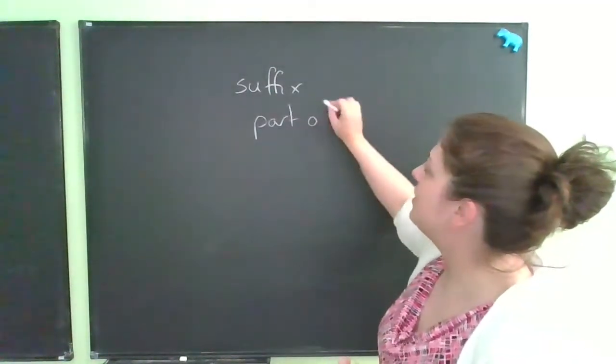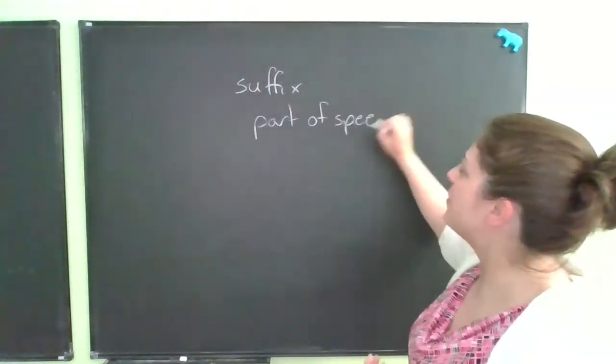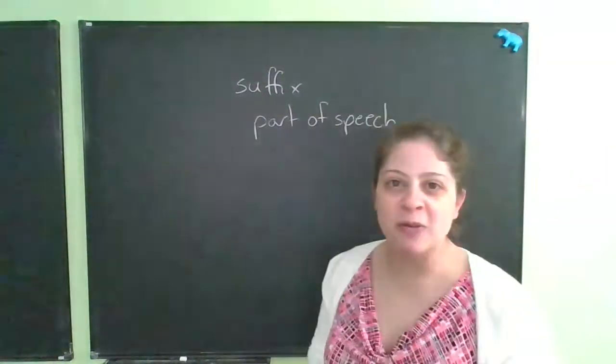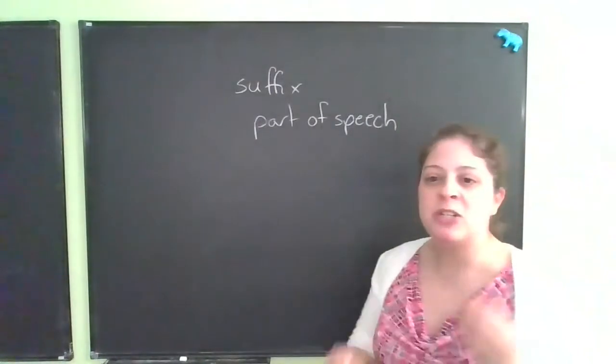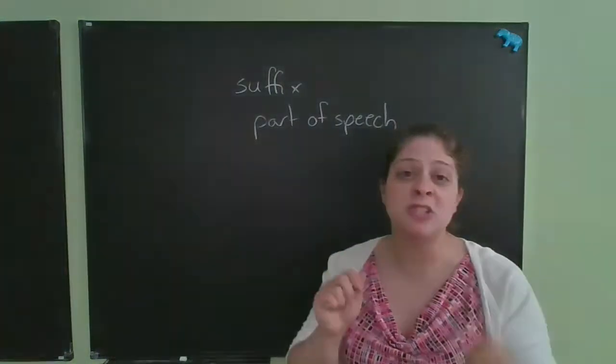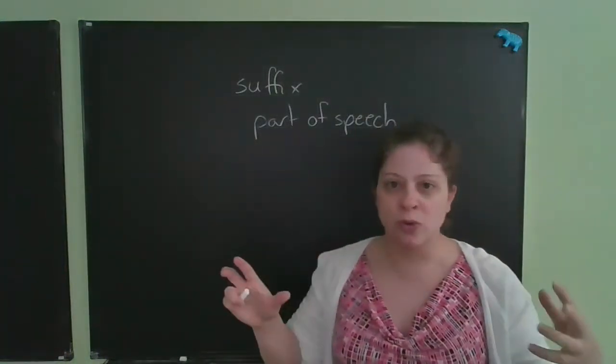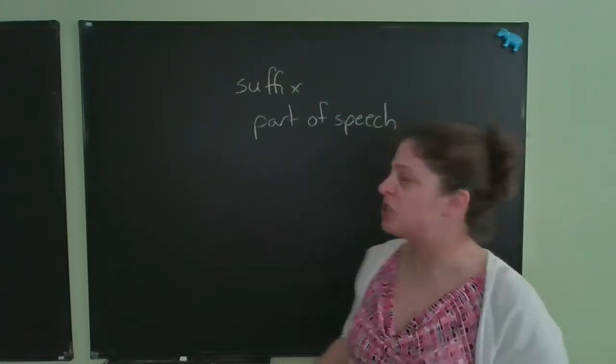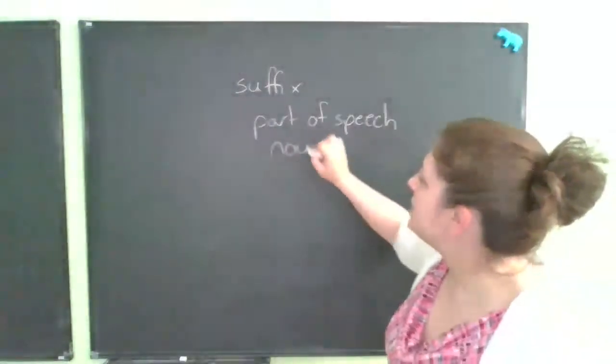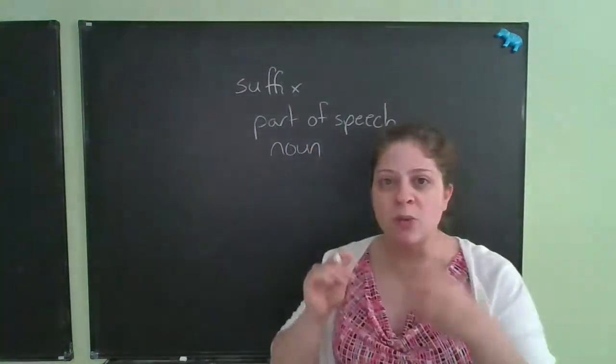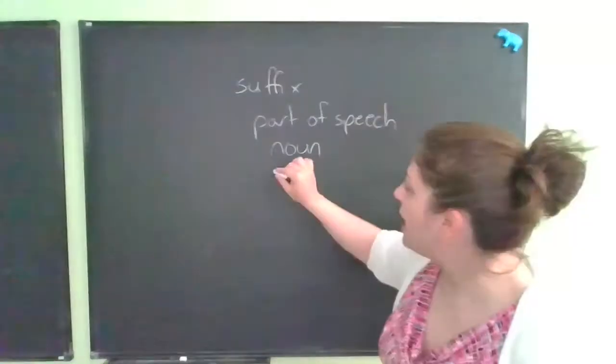Now, I don't know how well you remember this from classes on English or language or whatever, but the part of speech is a categorization we use to describe different words in a language and what their function is. So you have, for instance, a noun. A noun is a word for a person, place, or thing. You have a verb.